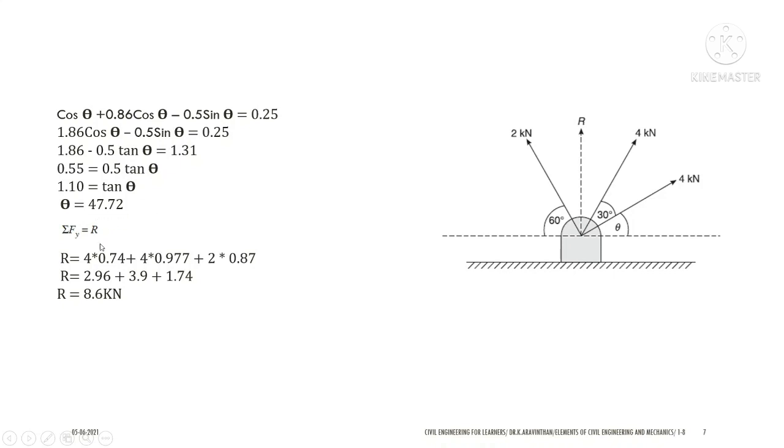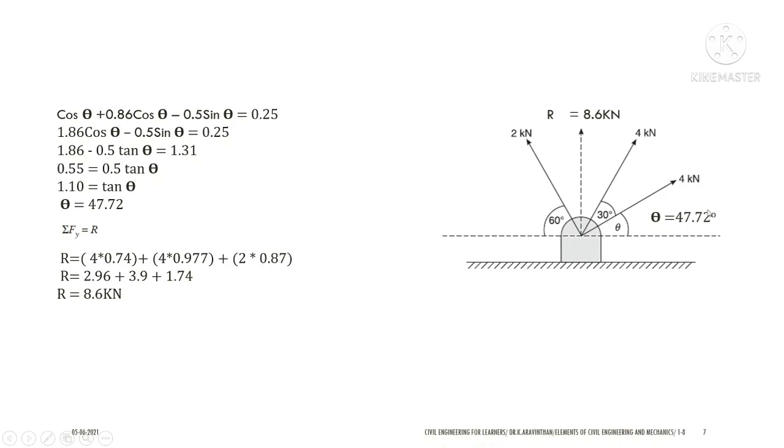And now that I know the angle, 47.72 degree, we can find the resultant. Now all the angles are known, so let us resolve vertically. 4 into sine 47.72, which will be upward, is 0.74, and the second term is 4 into sine of 47.72 plus 30, that is 77.72 degree.